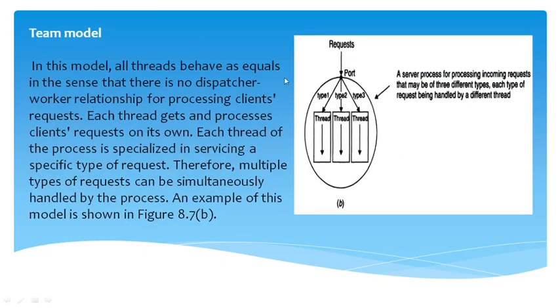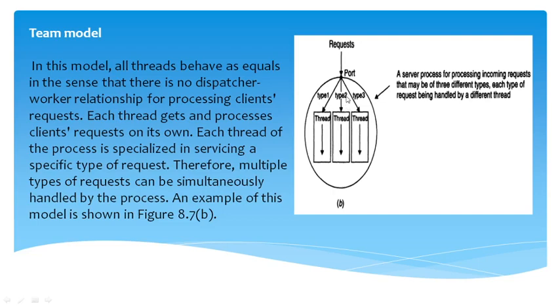And the second is the team model. In this model, all threads behave as equals in the sense that there is no dispatcher here. So there is no dispatcher worker relationship here. Each thread gets and processes client requests on its own. Each thread is responsible for getting the request from the client and processing it.